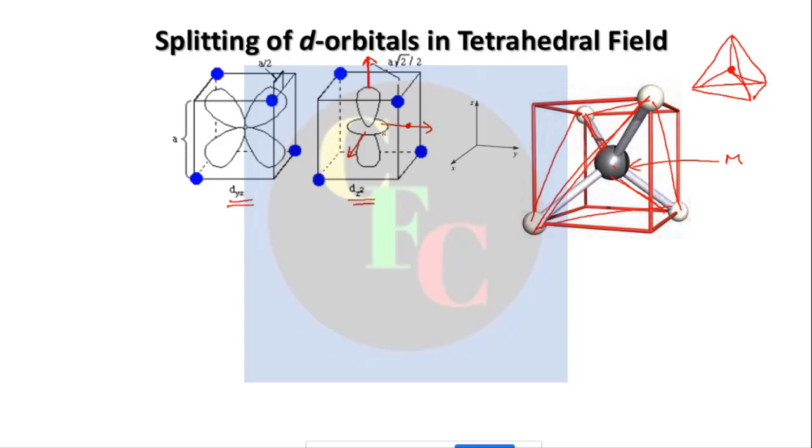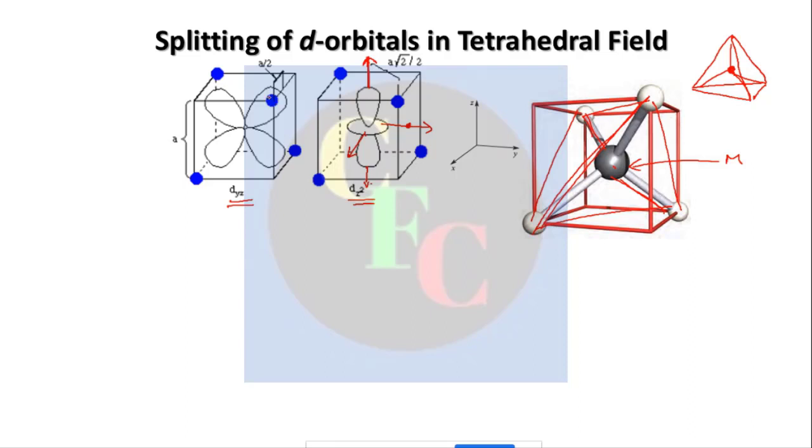That means the x square minus y square is along this side and the z square is shown here. Now in this case, none of the ligands is approaching directly to any of the orbitals.